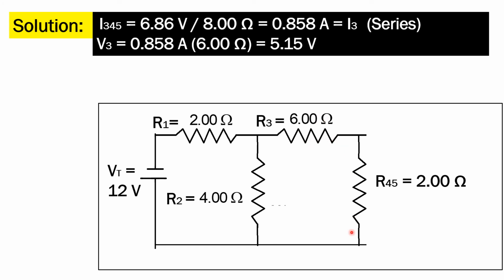And in this circuit now, R45, which is 2 ohms, as shown, appears to be in series with R3, right? So our next step will show us determining the current through R45 as well as the voltage across R45.